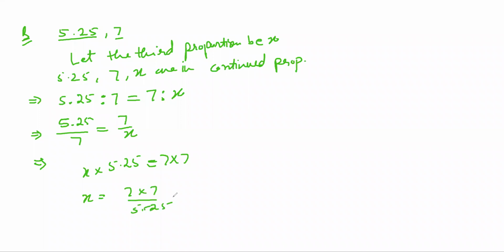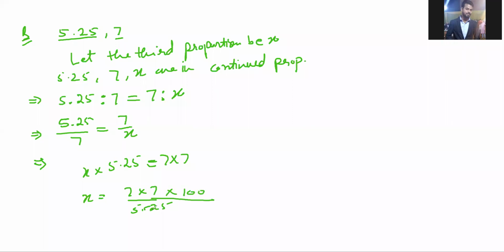Remove decimal from the denominator, increase 100 in numerator. Okay, so this is 7 into 7 into 100 upon 525. So 7 ones are 7, 7 sevens are 49, and 3 carry. So 7 fives are 35.